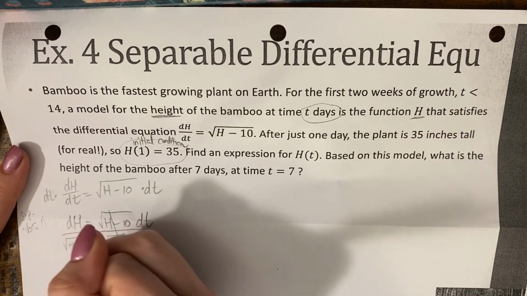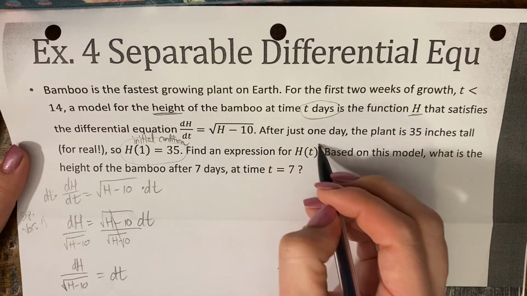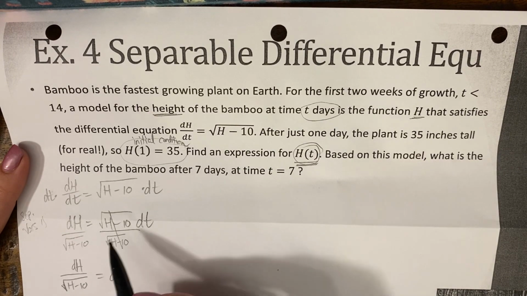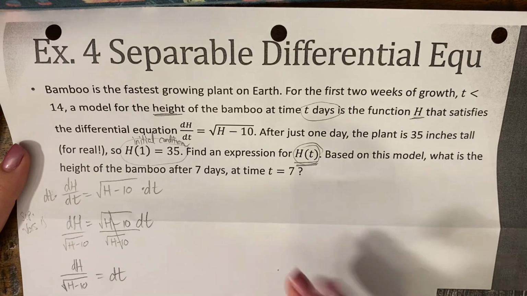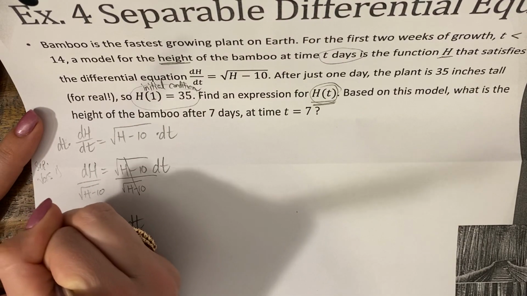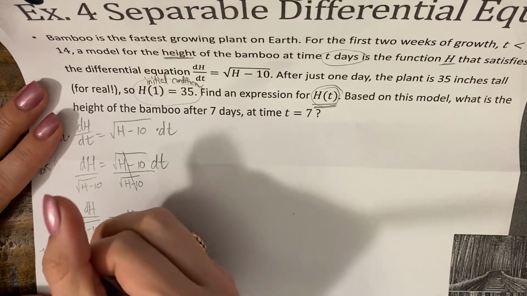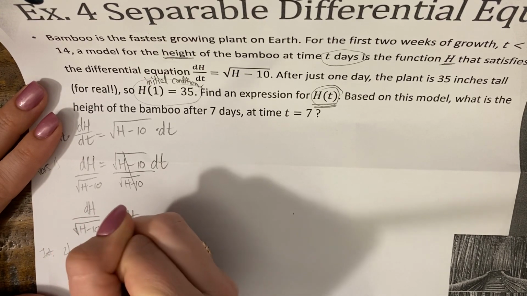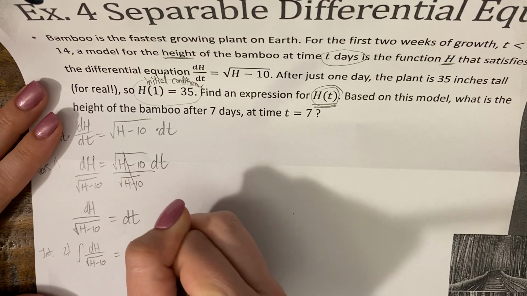So think about the next step. Now I want to find h of t. So I have dh, so to go from dh to h, I want to anti-differentiate. That's my next step. I'm going to write the word integrate. Really, I'm just going to write int. So I'm just going to write it as the integral of dh over root h minus 10 equals the integral of dt.